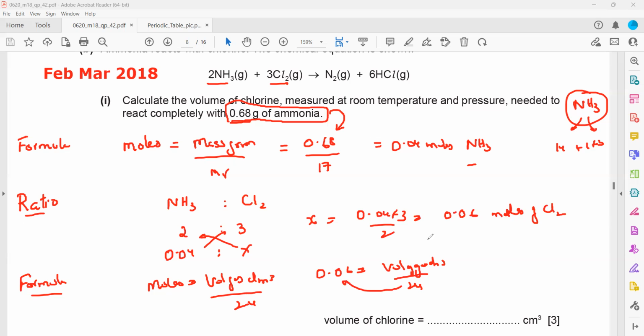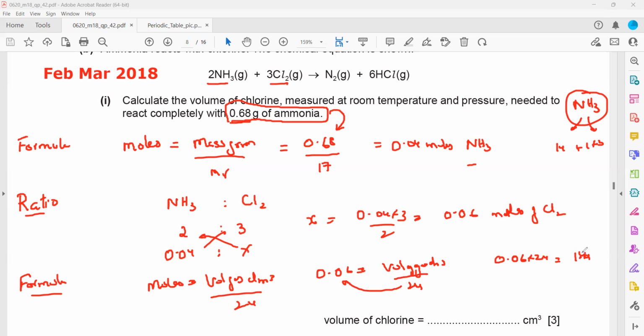So 24 is multiplied by 0.06. Since they asked in centimeter cube, we could multiply by 24,000 directly, or first get dm cube and then convert. That's the same thing. So what's the answer for 0.06 times 24? 1.44 decimeter cube.